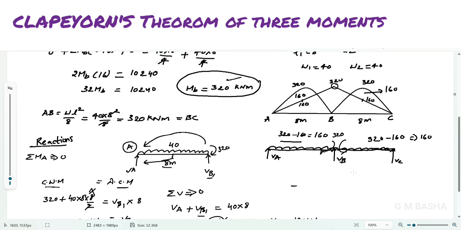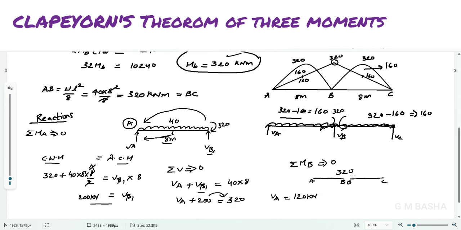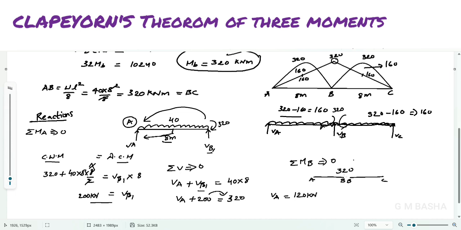So we know the condition: the sum of the moments at joint B will be equal to 0. If you get 320, there will be two spans, one will be BA, another one will be BC. So we know the condition, the sum of the moments at this joint will be equal to 0. The moment is obtained as 320 kilonewton meter, so once you take this one it will be plus 320 and this one will be minus 320.